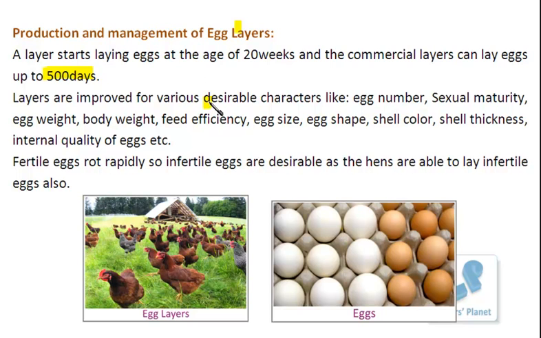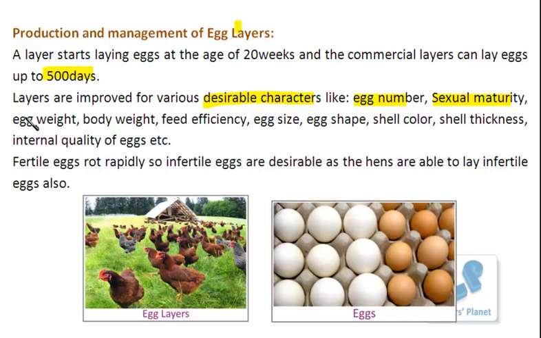Besides that, other desirable characters are also considered for improvement, such as egg numbers and sexual maturity. That means the species or breeds which mature at an early stage are quite preferable in poultry farms as compared to those which mature at an older age.